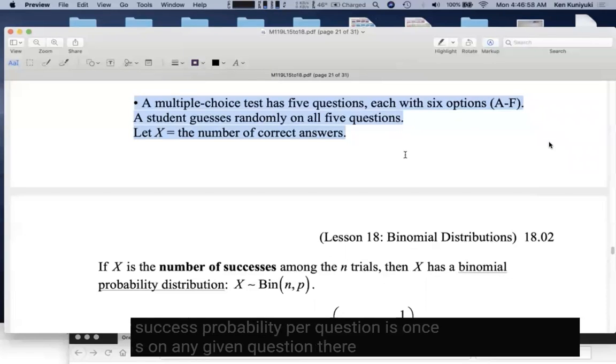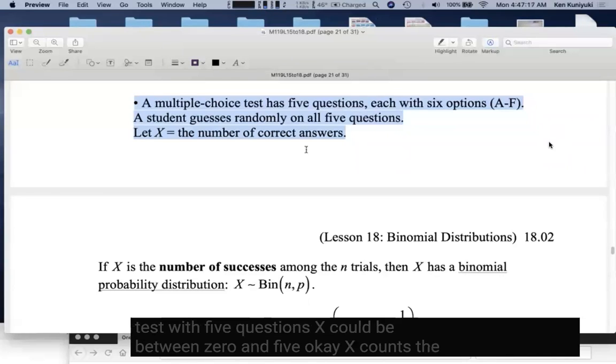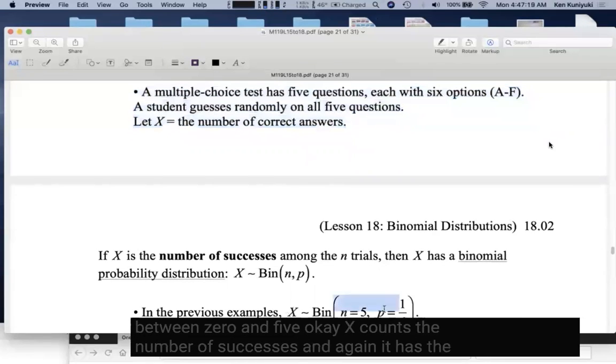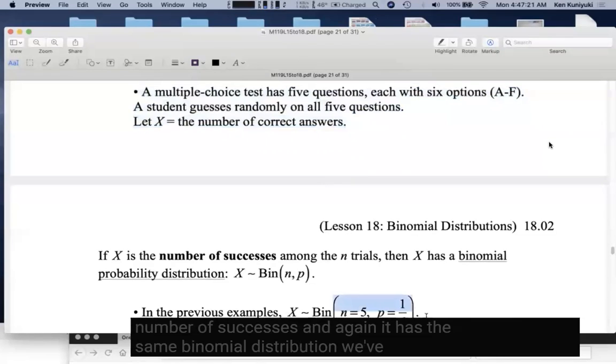On any given question, there are 6 possible options, A through F. The student guesses randomly. There's a 1 in 6 chance that the student gets the question correct. Let X be the number of correct answers or responses. So on a test with 5 questions, X could be between 0 and 5. X counts the number of successes.